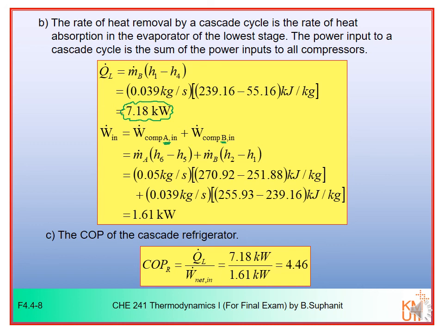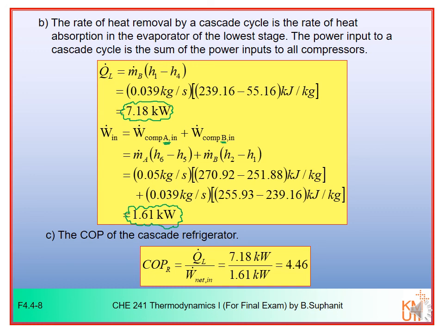Again, here you already know the values of every parameter. You can just substitute to obtain W net in, which is 1.61 kilowatt here.